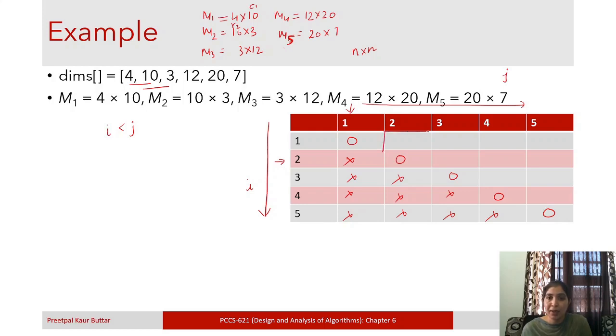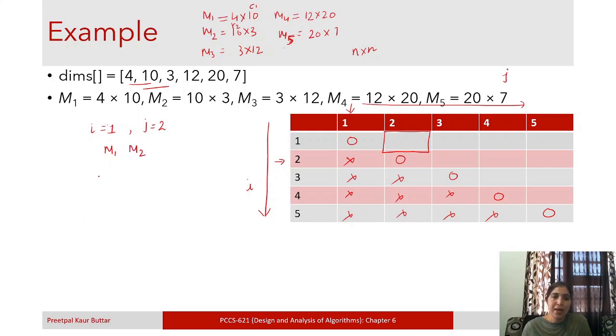Here we will pick this cell first. In this cell, i is 1 and j is 2. So i is less than j. We are doing a multiplication, and it means that i is 1 and j is 2. So we are multiplying starting from M1 till M2.